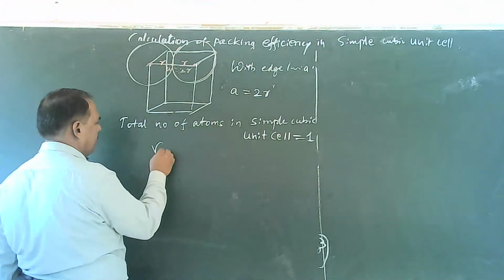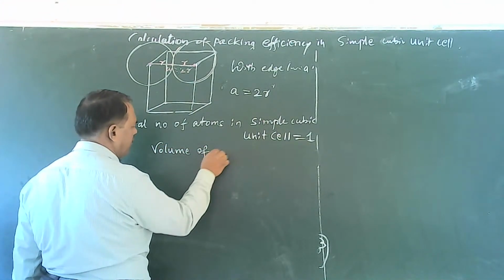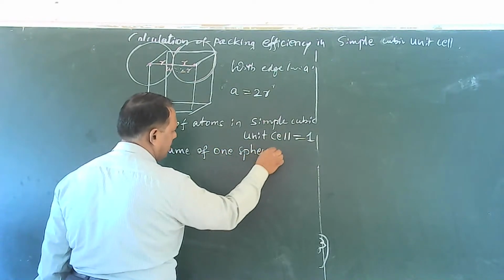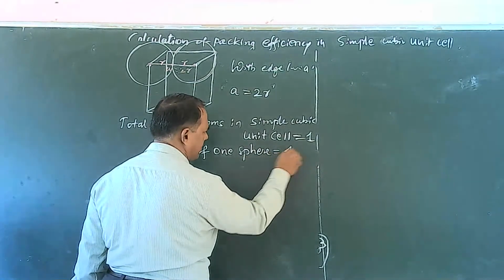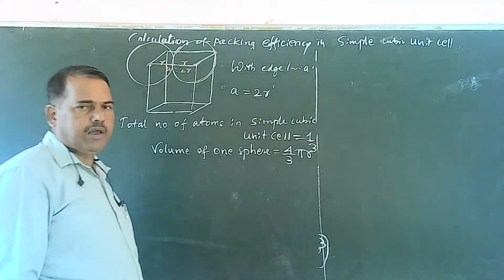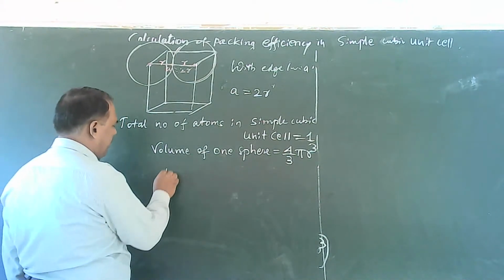So therefore volume of one sphere is equal to 4 by 3 pi r cube. 4 by 3 pi r cube. Very simple. What is packing efficiency? You have to write down.